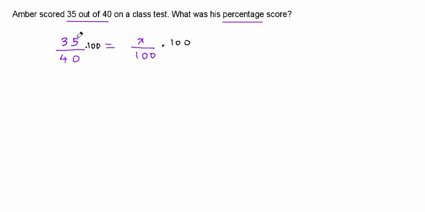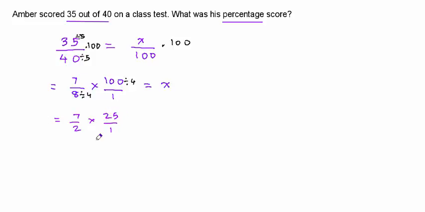Time for us to simplify. Divide 35 and 40 by 5. So we have this as 7 on the top, 8 on the bottom times 100 over 1. That's x. And then you could divide 8 by 4 and 100 by 4. So you get 7 over 2 times 25 over 1. And that cannot be simplified.